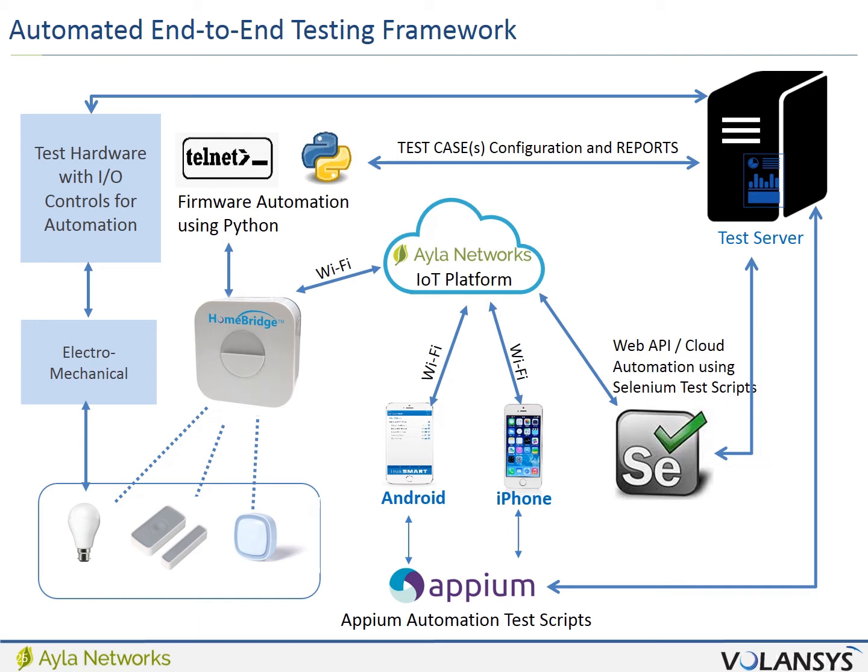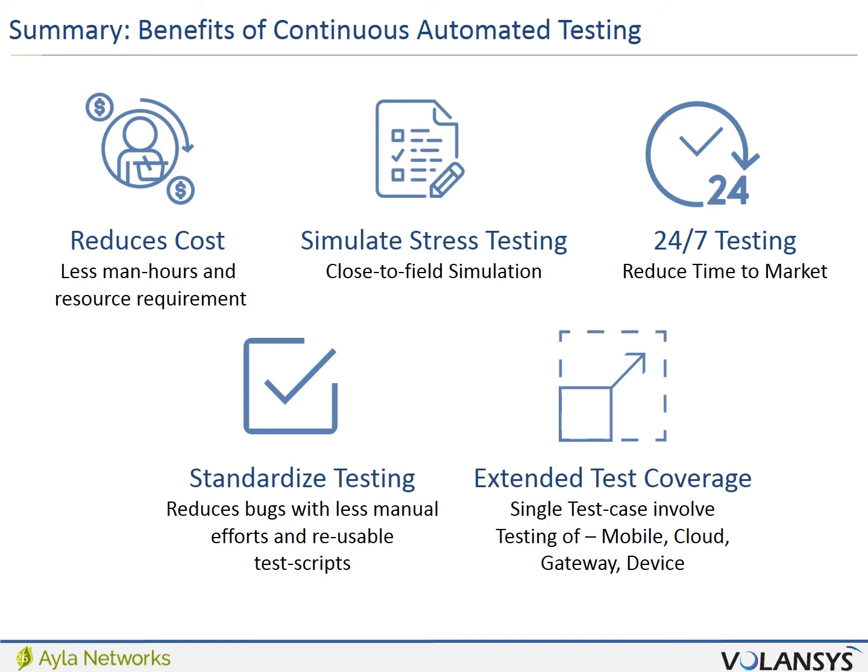Talking about the benefits, these are some of the benefits of the VOLANSYS Automated IoT Testing Framework. By reducing the need for manual effort, it reduces the resource requirements and man hours, and in the longer run, it reduces the cost of the solution.